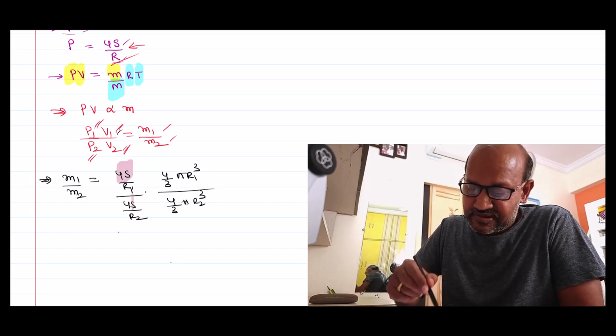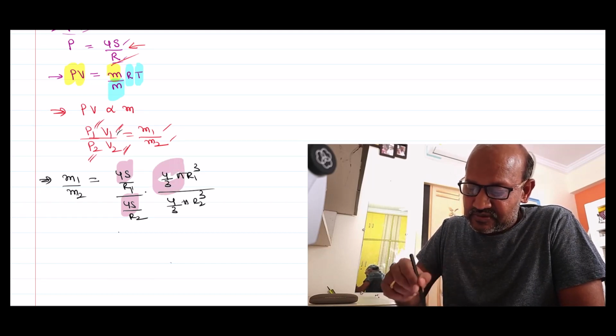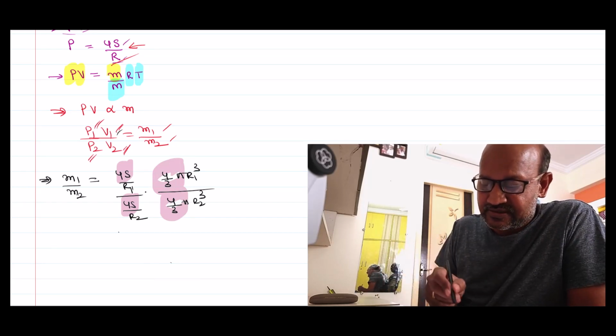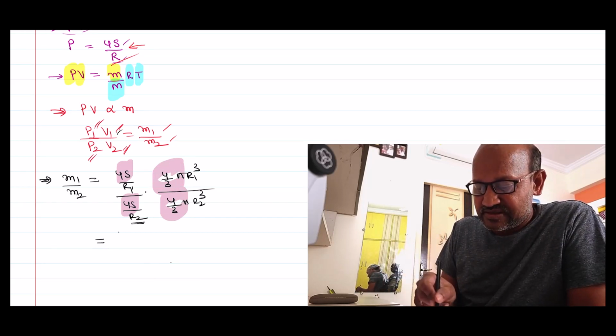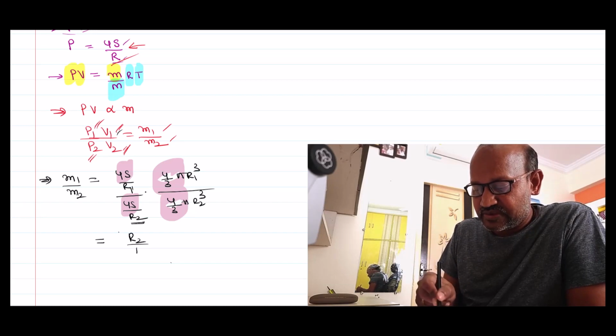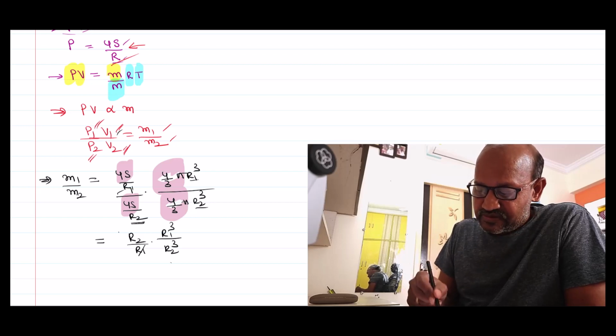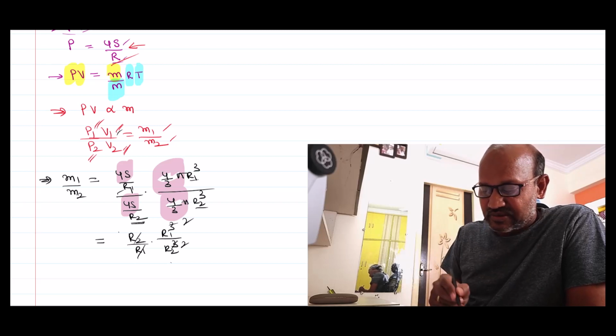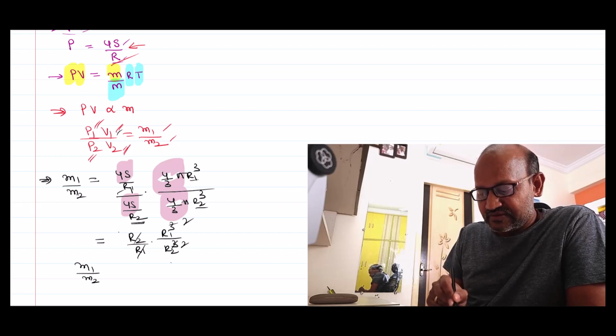The 4S and 4S are the same, so they cancel. The 4 by 3 pi and 4 by 3 pi are also the same, so they cancel. When you simplify, what is in the denominator goes to the numerator, and the remaining terms are R1 cube by R2 cube. When R1 cancels, a square remains, and when R2 cancels, a square remains. So the ratio of the masses is the ratio of the radii squared.